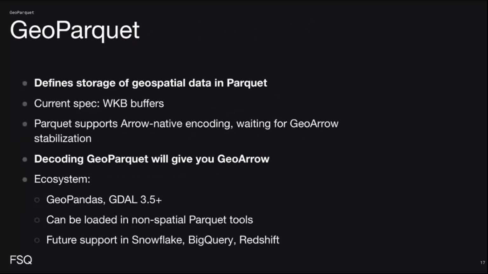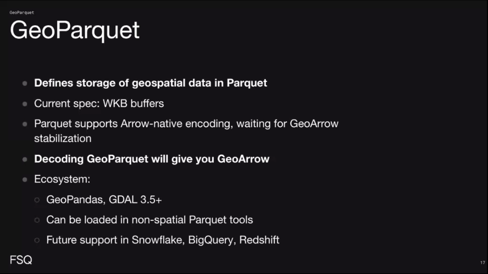Now, looking at GeoParquet, just as GeoArrow describes how to save data in Arrow, GeoParquet describes how to store data in the Parquet format. It's not extending Parquet, just like GeoArrow is not extending Arrow. It's within the existing type system. How do you save this data? Right now, the spec defines WKB buffers as something that's broadly interoperable.